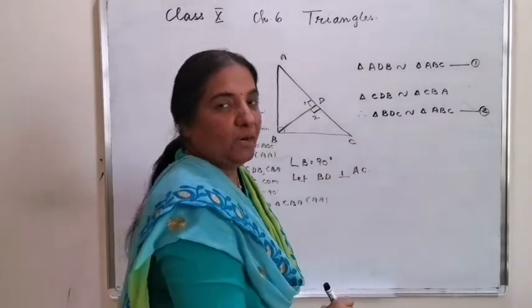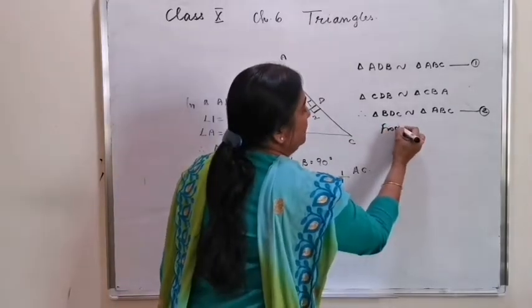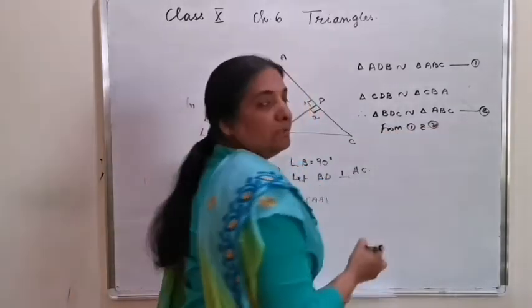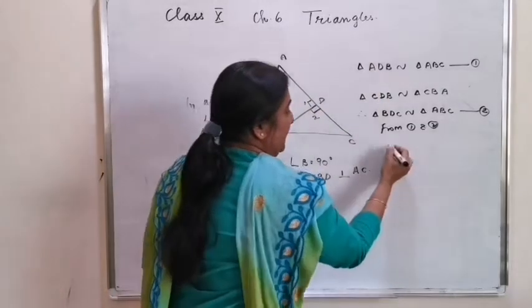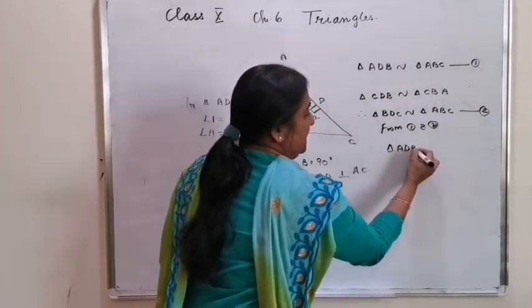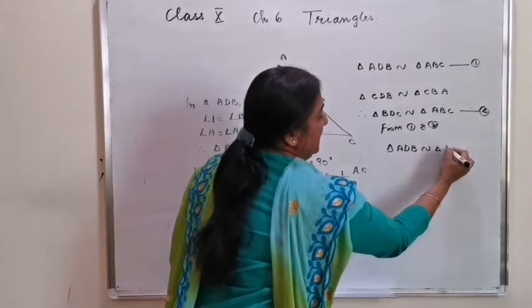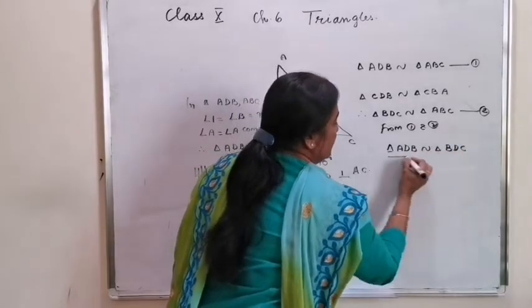From 1 and 2, you understood that triangle ADB is similar to triangle BDC.